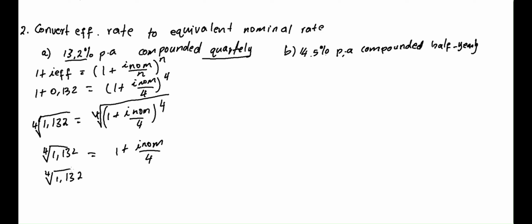And remember, guys, you shouldn't include this one under that root. So on our right hand side, we are going to be left with our nominal rate divided by 4. So simply we are going to multiply by 4 both sides, because we are trying to cancel this 4 at the bottom there. So remember, you are multiplying everything inside the bracket.